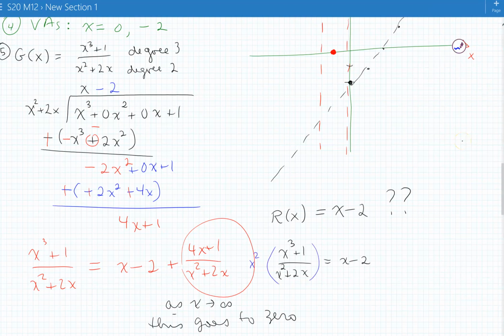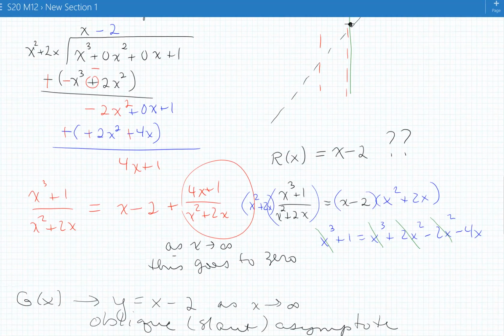So we need to try to solve this. We're going to multiply both sides by x squared plus 2x. And we want to know if x cubed plus 1 ever equals x cubed plus 2x squared minus 2x squared minus 4x. So subtracting x cubed from both sides, 2x squared minus 2x squared is 0. So I'll get 1 equals negative 4x.